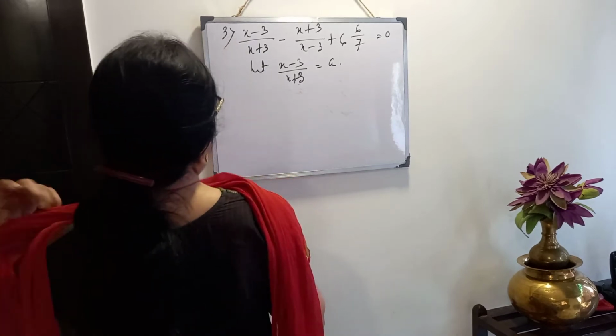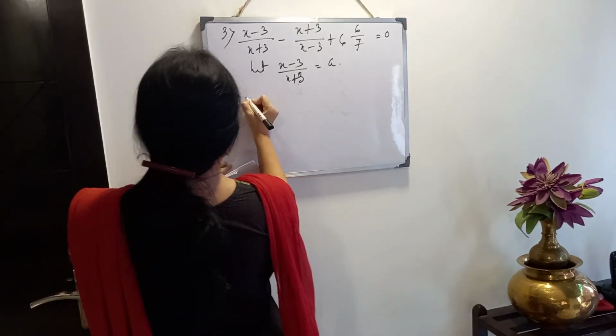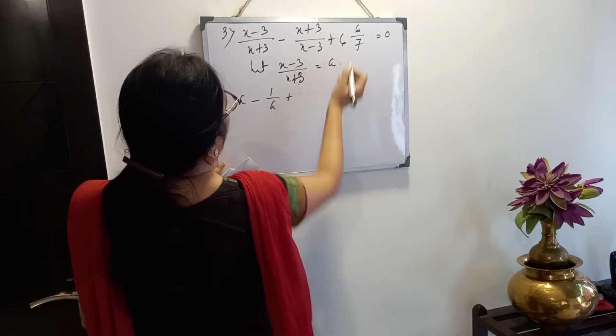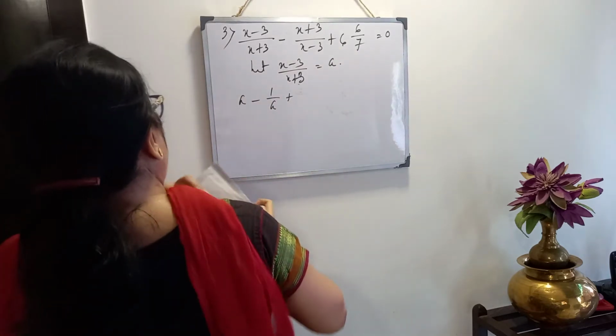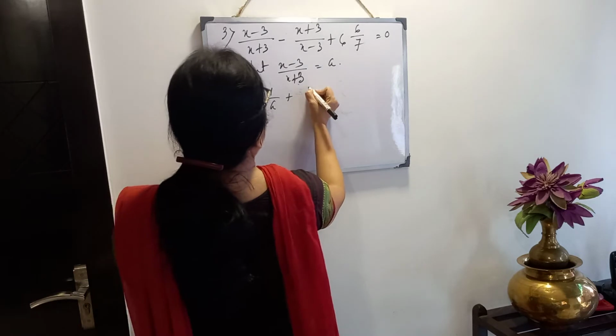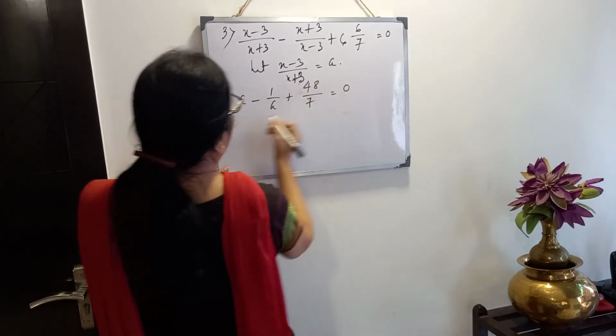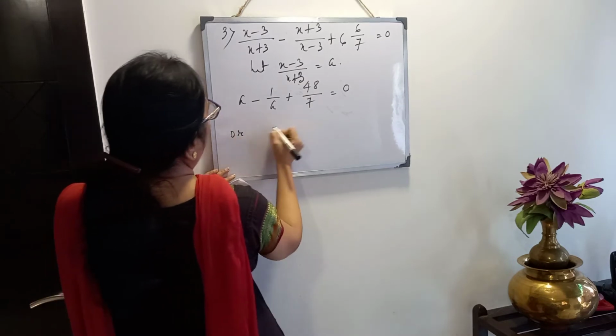Clear? So it is becoming a minus 1 by a plus this is becoming 48 by 7 equals to 0. Then we will take the LCM.